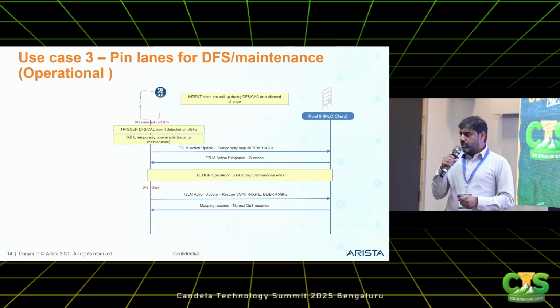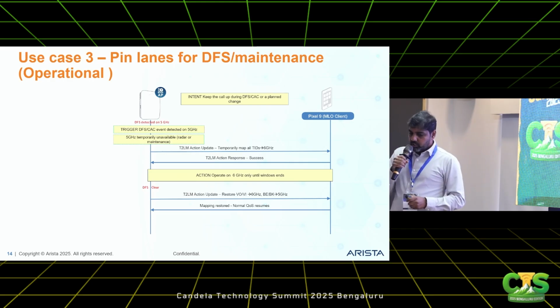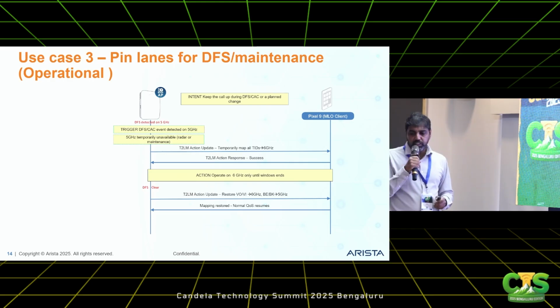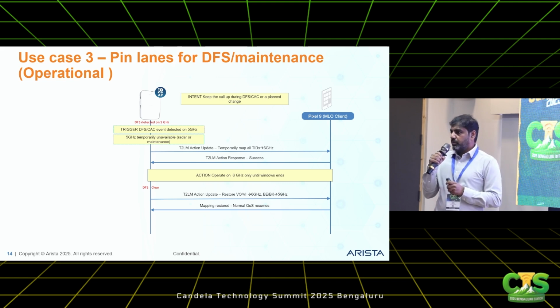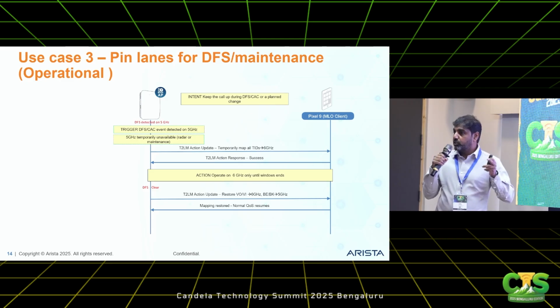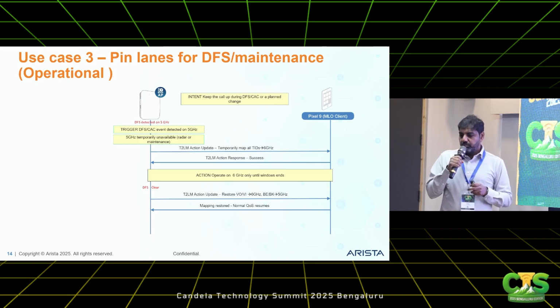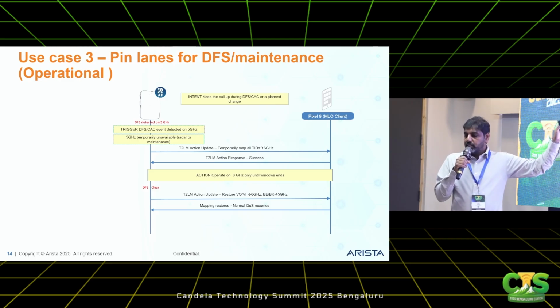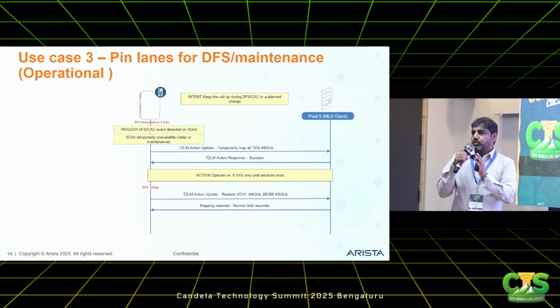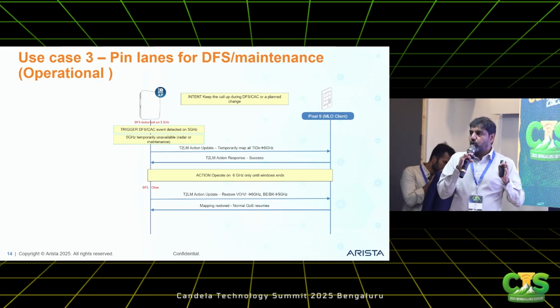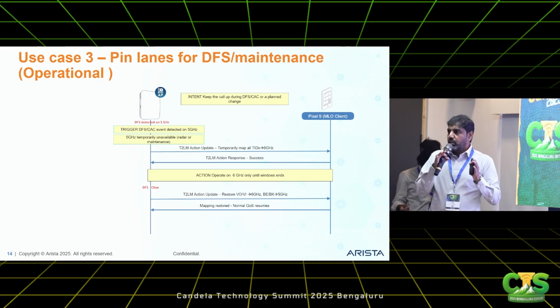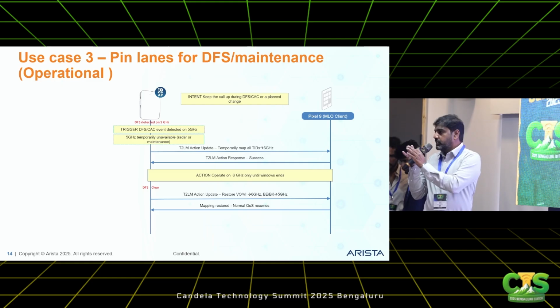I think the third use case is more of an operational use case, where the intent is during your DFS hit and the CAC time and things like that, right? Your voice call would basically suffer. To mitigate that, the trigger is a DFS hit, and what you do is temporarily move all your traffic, be it voice, video, best effort, background, to a clean link, which is 6 gigahertz, right?